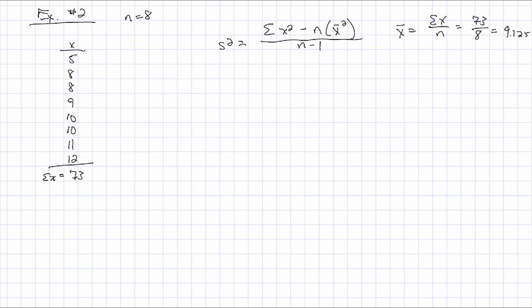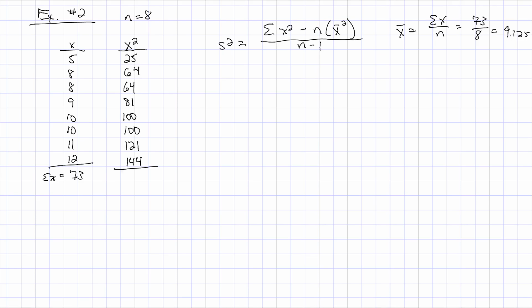Next thing we need to do is calculate the sum of our x squareds. So instead of doing that x minus x bar and then squaring that, I'm going to square each of these values first and then add up that column. So 5 squared is 25, 8 squared is 64, 9 squared is 81, 10 squared is 100, 10 squared is 100, 11 squared is 121, and 12 squared is 144.